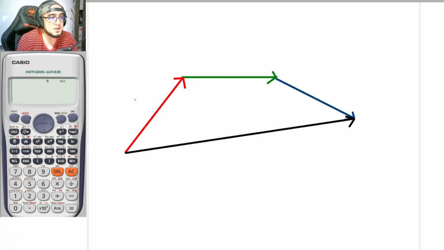Let's say this is your vector A, this is your vector B, and this is your vector C. So the resultant is your vector R. Once again, what is the importance of our components in determining our vector R? We can actually make use of those components in determining the value of your R without even drawing them.